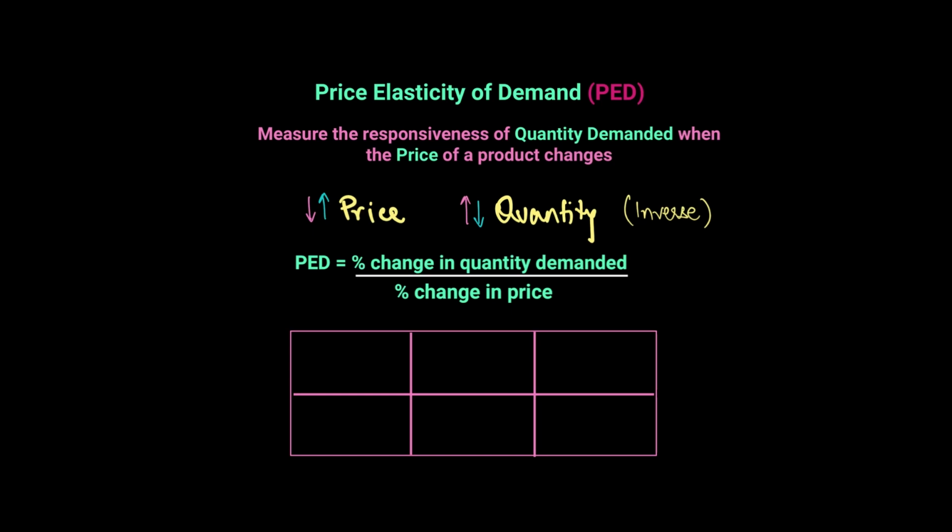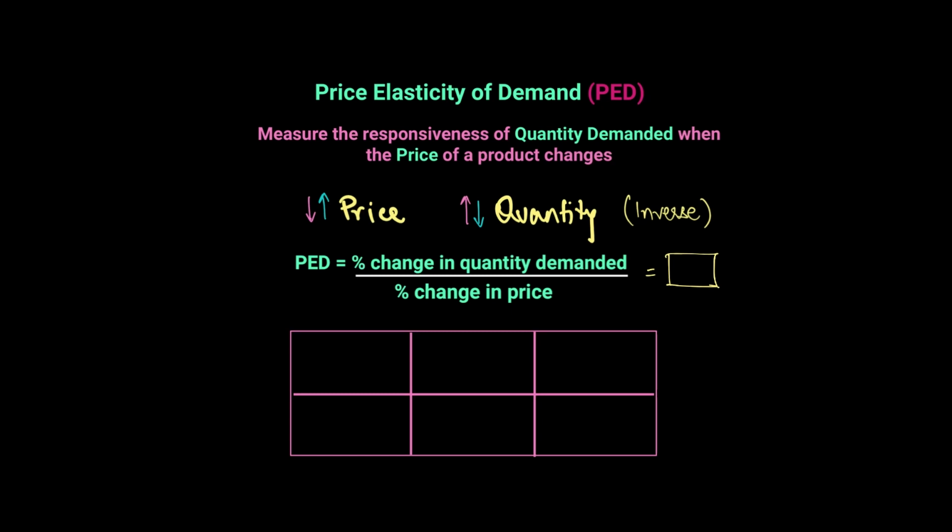And the way to calculate PED, price elasticity of demand, is using this formula, which is percentage change in quantity demanded upon percentage change in price. We will look at an example in a minute, but whatever the result of this is going to be, is going to have a significance for the decision of the price change.